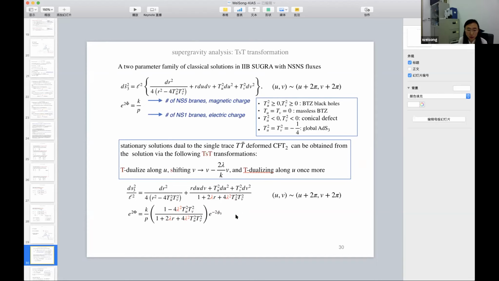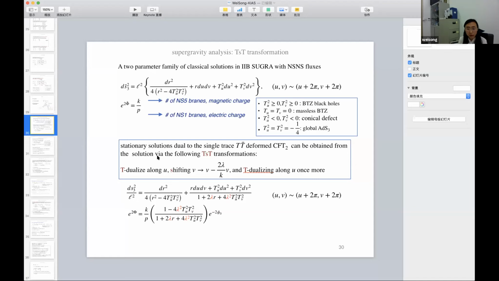When lambda is non-zero, we see that asymptotically, namely when r goes to infinity, the metric becomes asymptotically flat, while the dilaton becomes a linear dilaton. So this new geometry will interpolate between AdS3 in the IR and flat space with linear dilaton in the UV. Here we show only the AdS3 part.